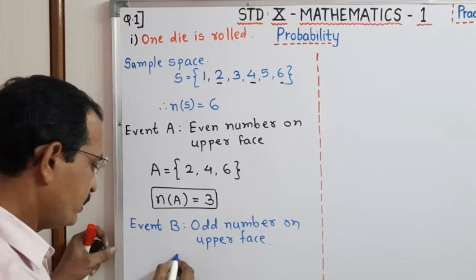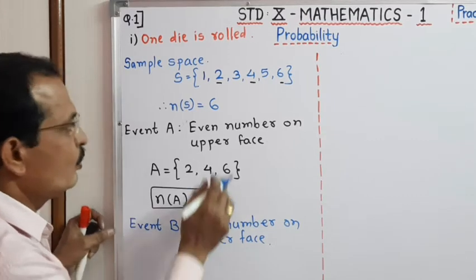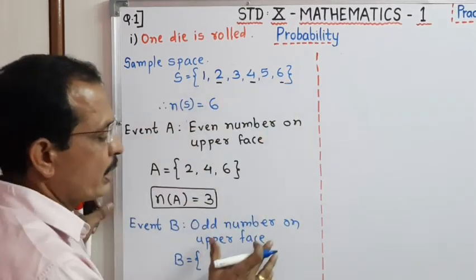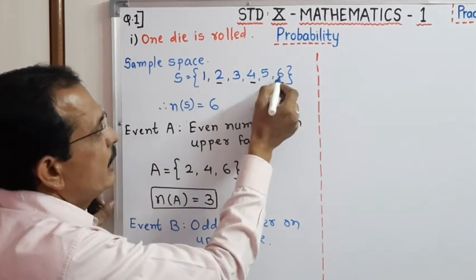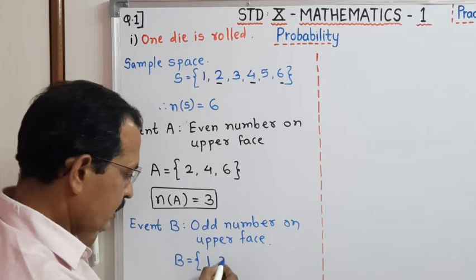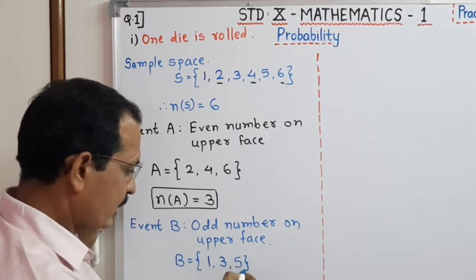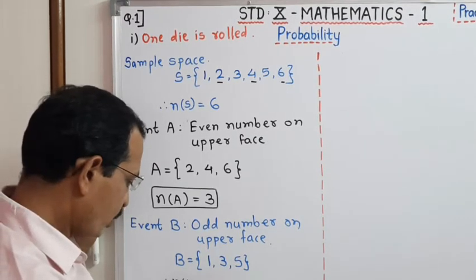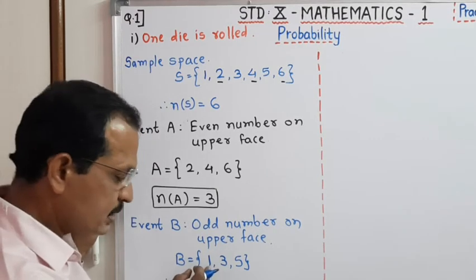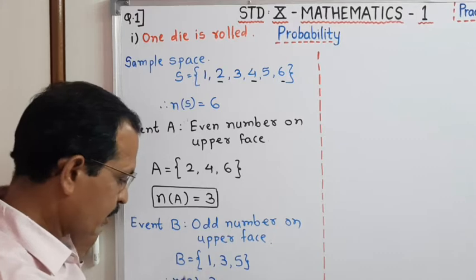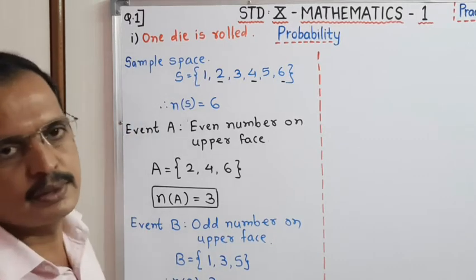Therefore dear student, B is equal to, from this sample space we have to write the odd numbers. Odd numbers 1, 3 and 5. Therefore n(B), that means event B, has how many elements? 3 elements. Therefore we write n(B) is equal to 3.